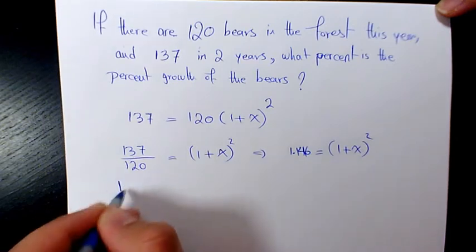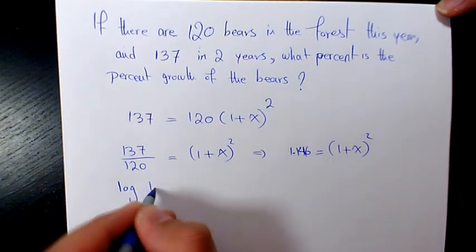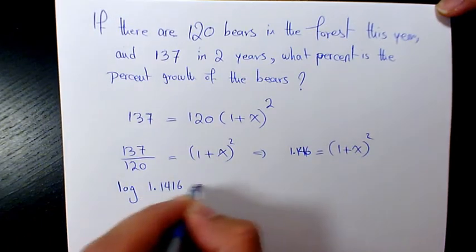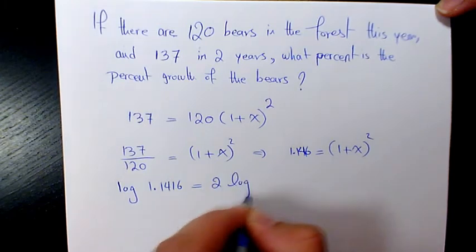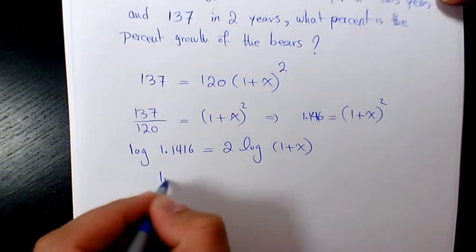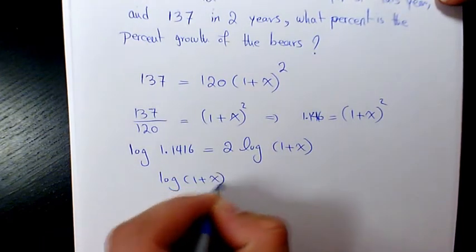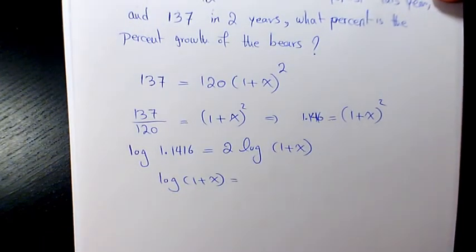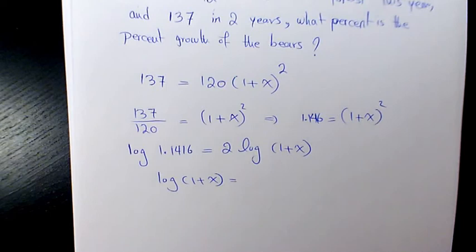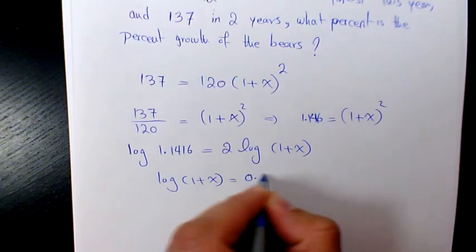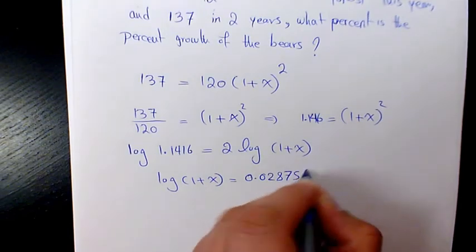Then I find the log of both sides. Log of 1.1416 equals 2 log 1 plus X. So log 1 plus X equals log 1.1416 divided by 2. That's going to be 0.028756.